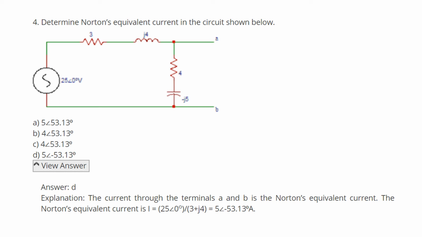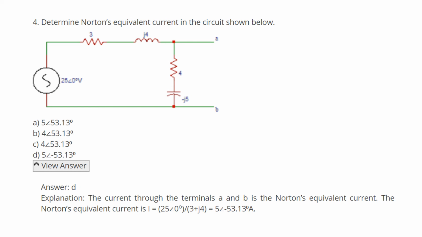The correct answer is D, and the explanation is that the current through the terminals A and B is the Norton's equivalent current. The Norton's equivalent current is I equal to 25 angle 0 degree upon 3 plus j4, equal to 5 angle minus 53.13 degree ampere. So this is the correct answer D.